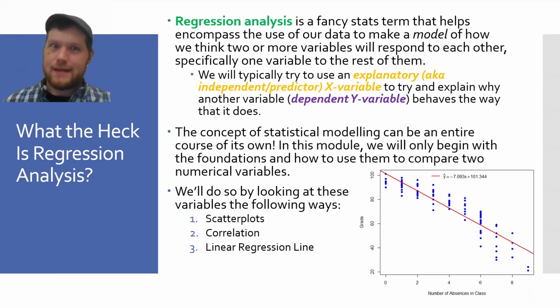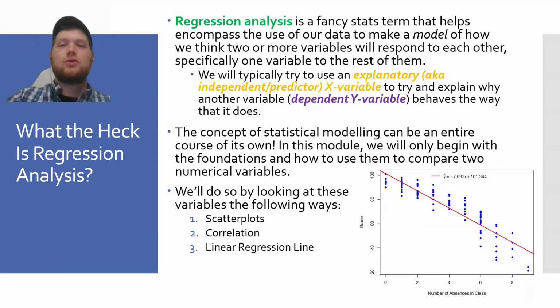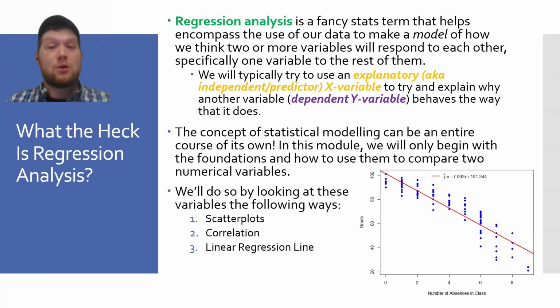Yes, we get a lot of fancy stats terms, but this one talks about how to use our data to make a model of how we think two or more variables will respond to each other, specifically one variable to the rest of them. We have an explanatory or independent or predictor X variable that often tries to explain another variable, this dependent Y variable, and how it behaves the way that it does.